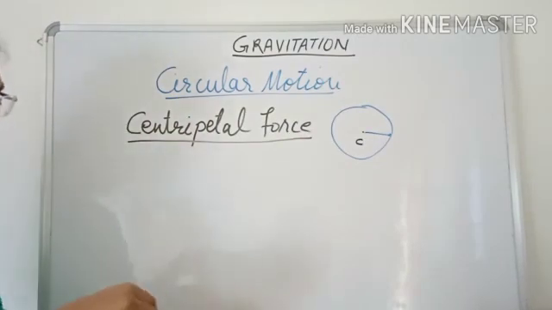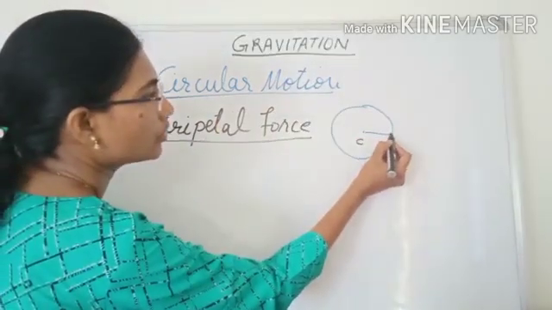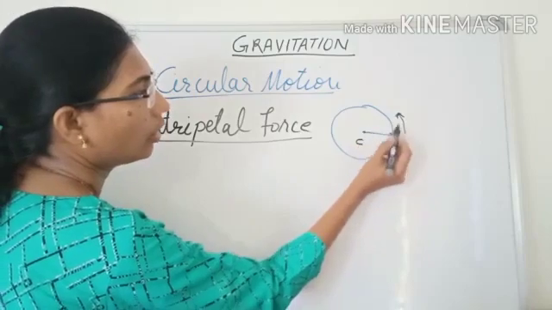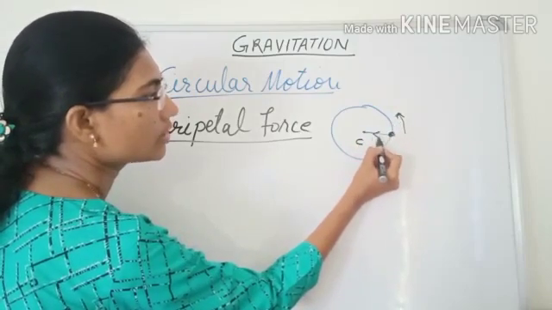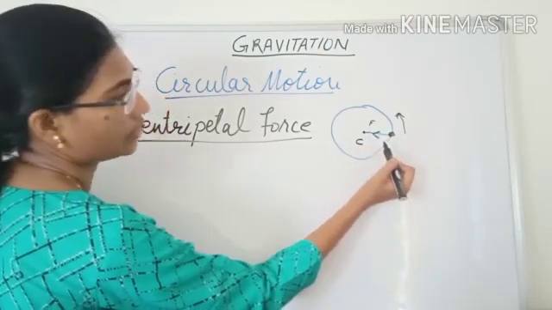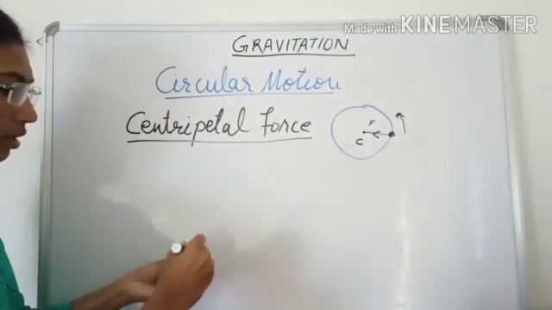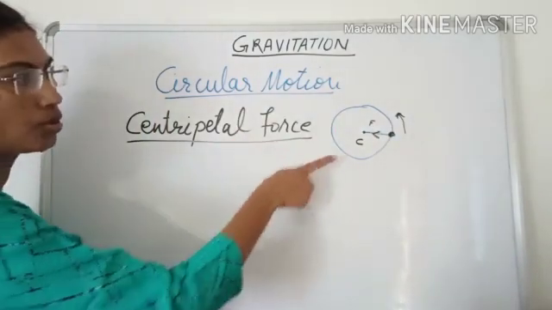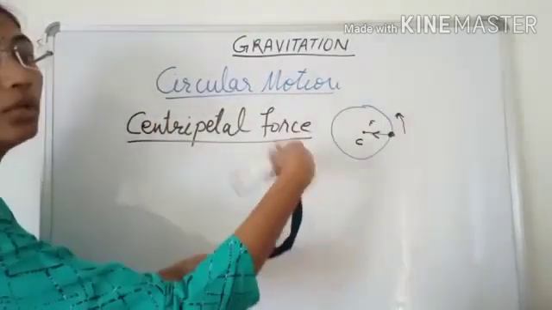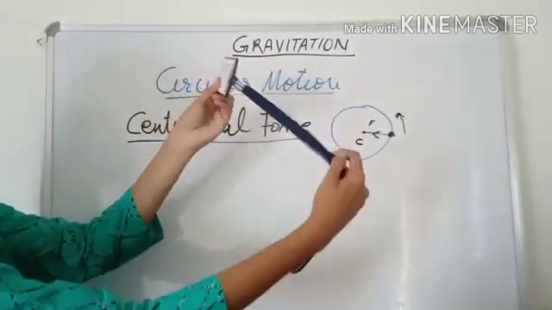Whenever an object is moving in a circular orbit, a force is applied on this object towards the center. That force is known as centripetal force. So the centripetal force is a force which sets this object in a circular motion. Got it? Here I am applying the force from the center.